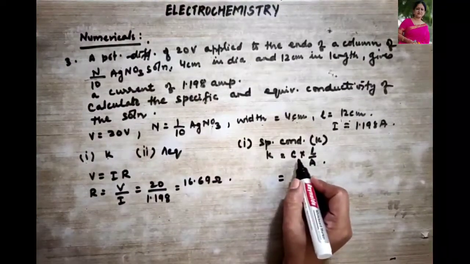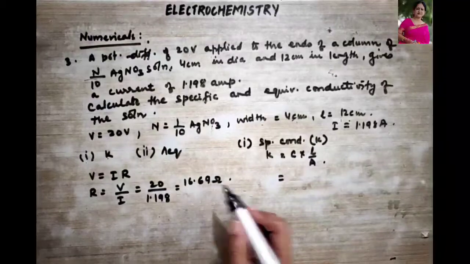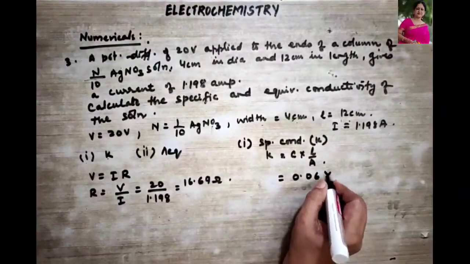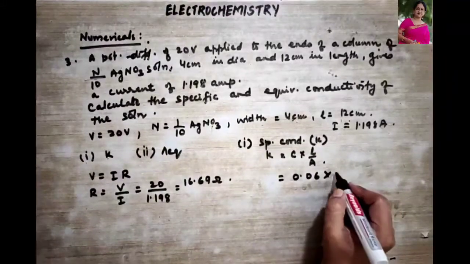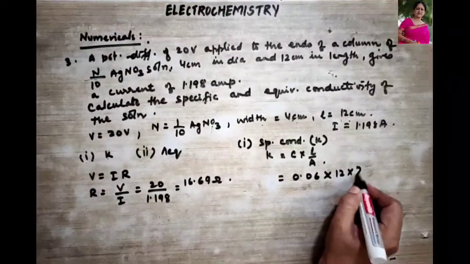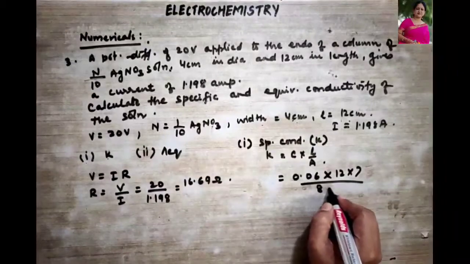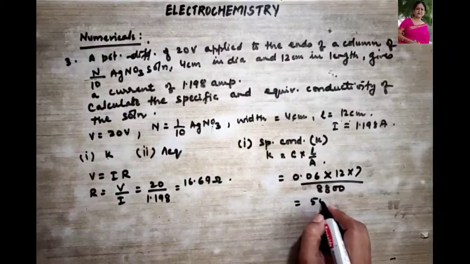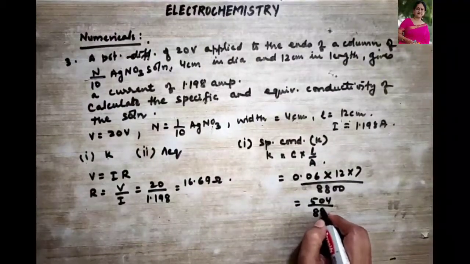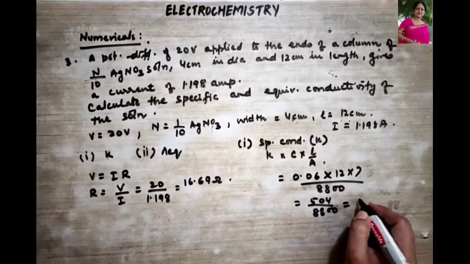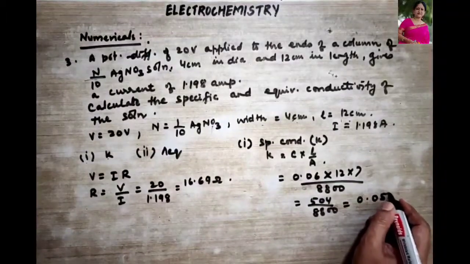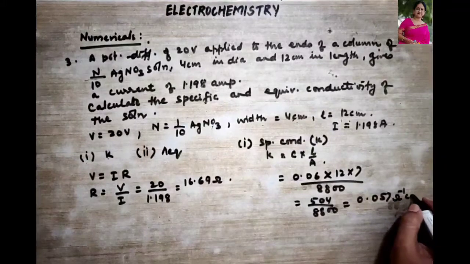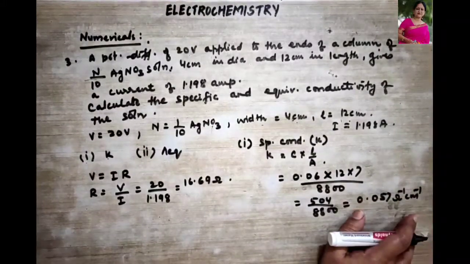So conductance, as I said, 1 upon 16.69 means 0.06, into 12 into 7 upon 88, and this will be equal to 504 upon 8800, 0.057 per ohm per centimeter.